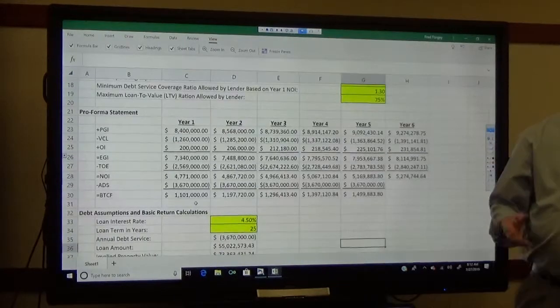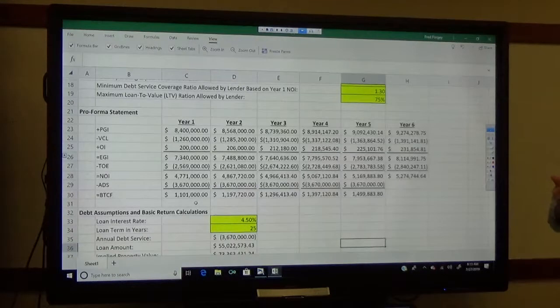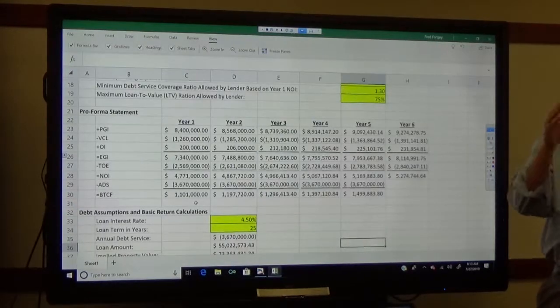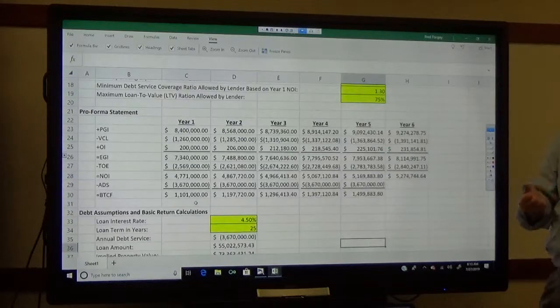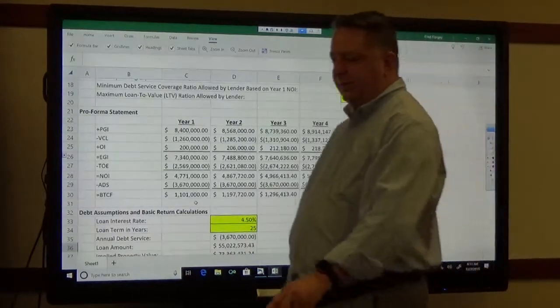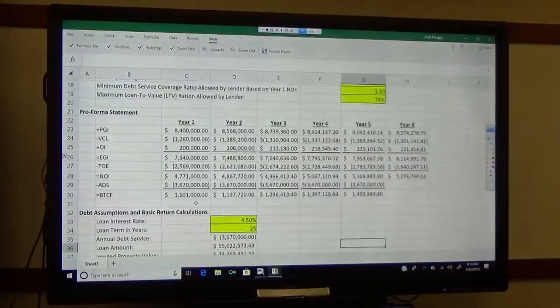One of the ways that we can figure that out is by the restrictions placed upon us by the lender. One of the things that lenders will do is set limits on a couple of different ratios. One is the debt service coverage ratio, and the other is the loan to value ratio.